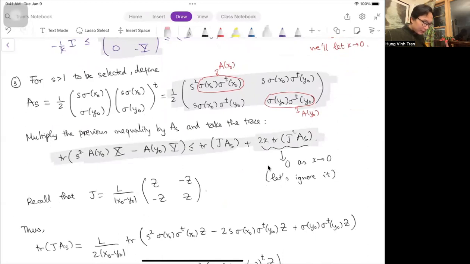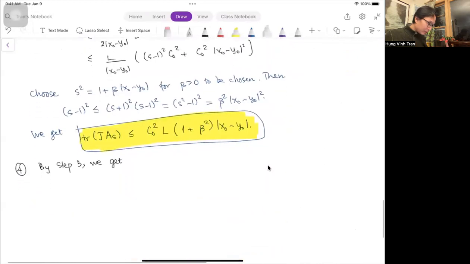But that means that the left-hand side is really being controlled by the right-hand side, which is trace of J times AS, and trace of J times AS is controlled by the inequality here.